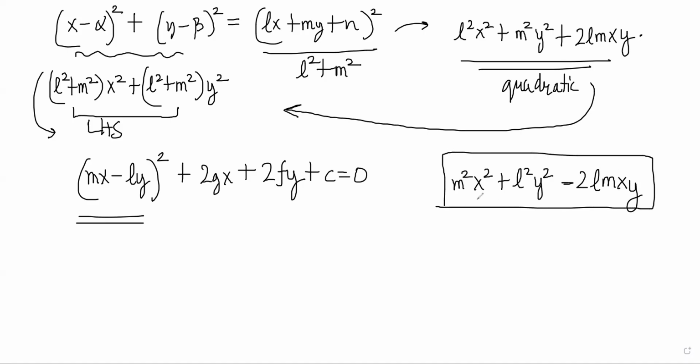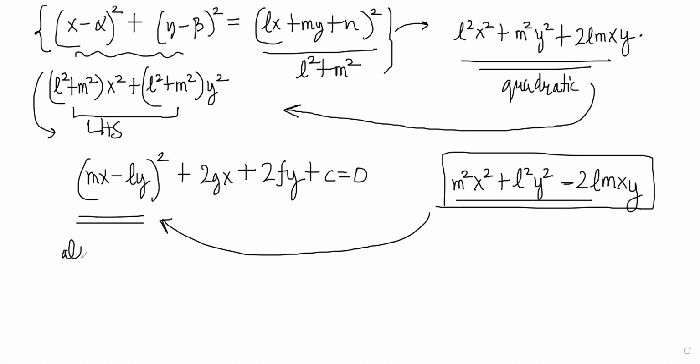So that is what I'm writing here. Basically, I can write this as (mx minus Ly) whole square. Why is this important? It is important because this general oblique parabola equation is coming out like this, that all the quadratic terms, all the 2-degree terms, form a perfect square.